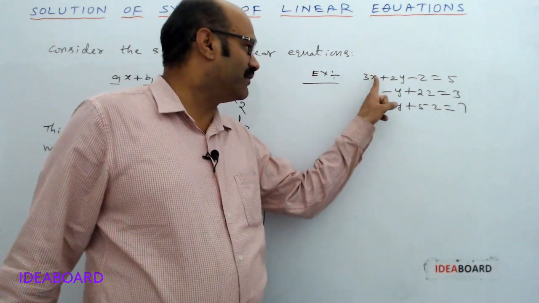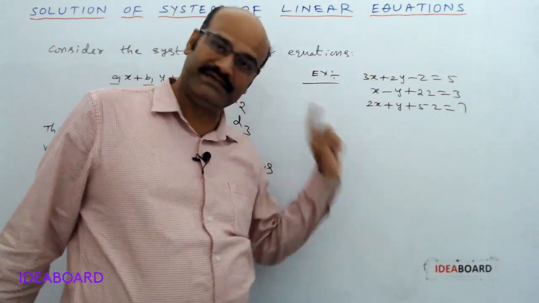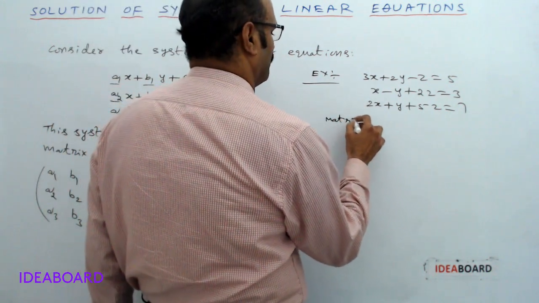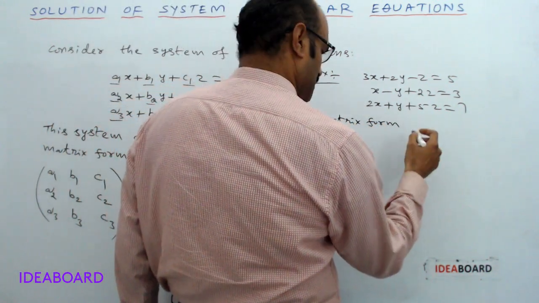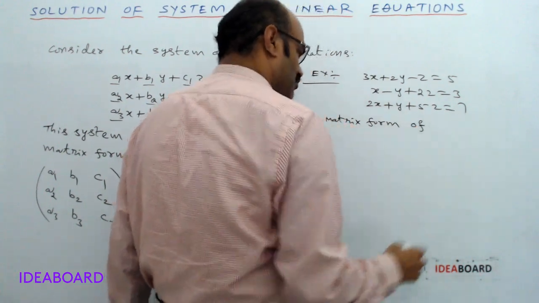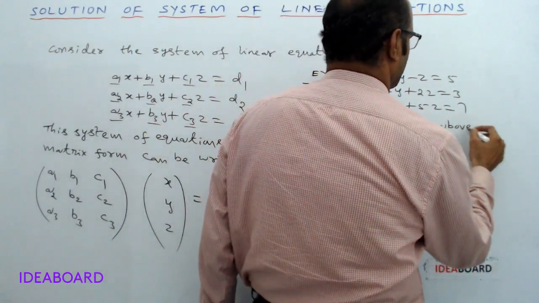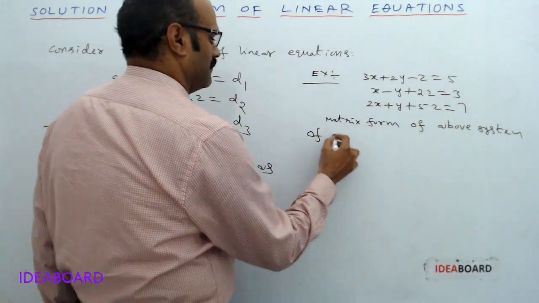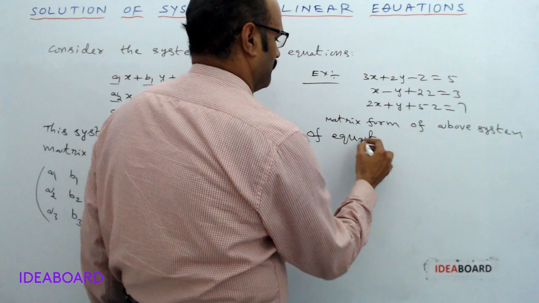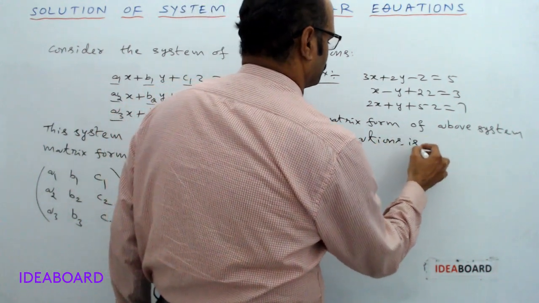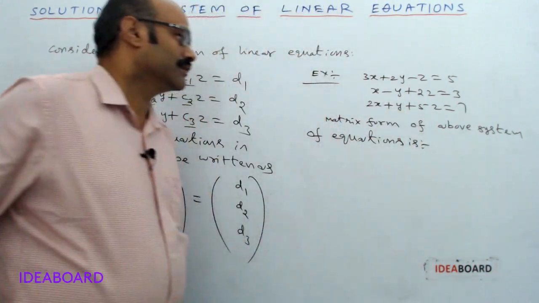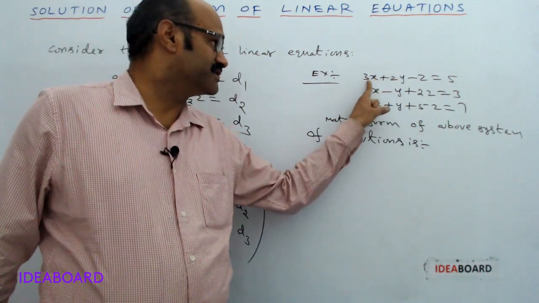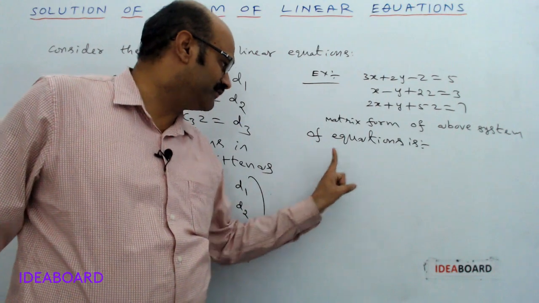The matrix form of the above system of equations is: first we have to write the coefficient matrix.